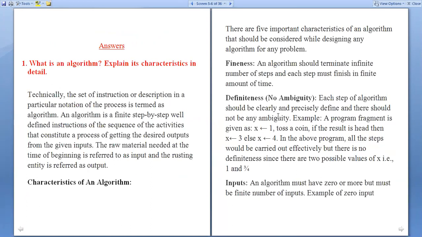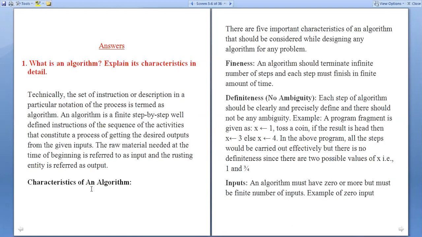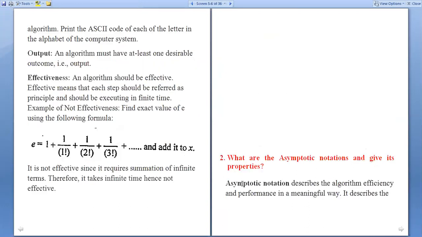Everyone should know what an algorithm is and what the properties of an algorithm are. Please remember: finiteness, definiteness, input, output, and effectiveness are the important characteristics of an algorithm.